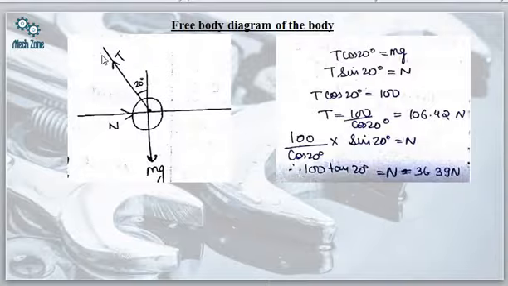Since there are two unknowns, T and N, the number of unknowns should be equal to the number of equations in order to determine them. So we have two equations and two unknowns, and hence these can be simply evaluated.